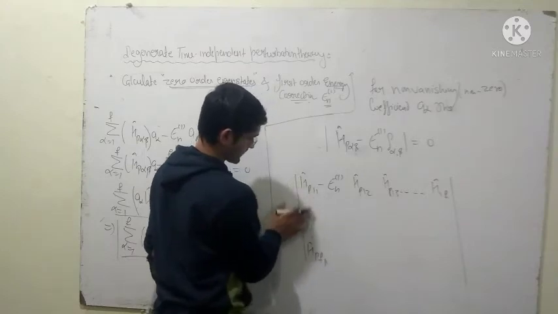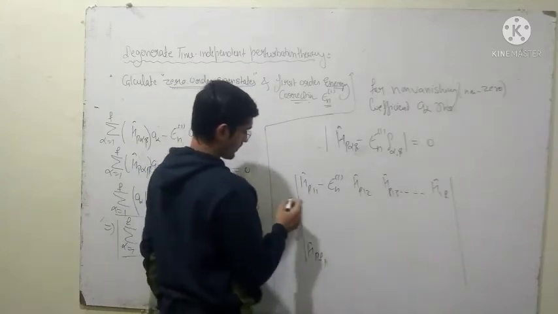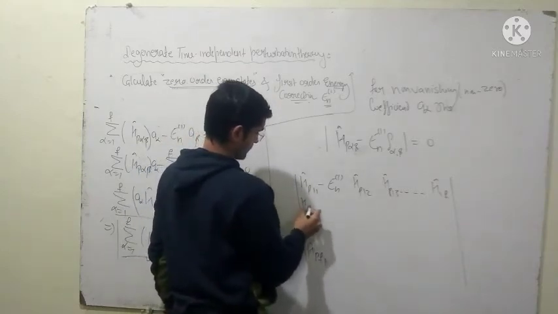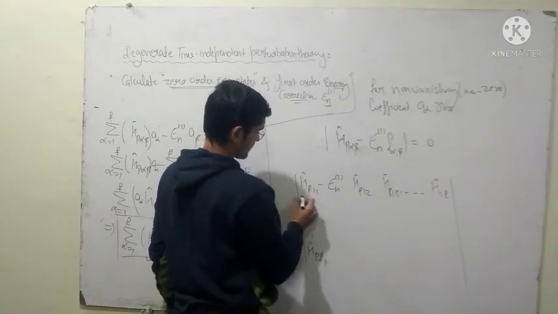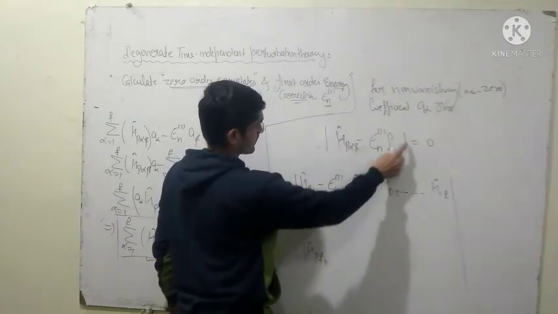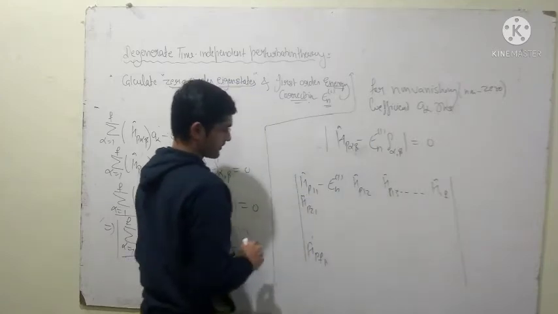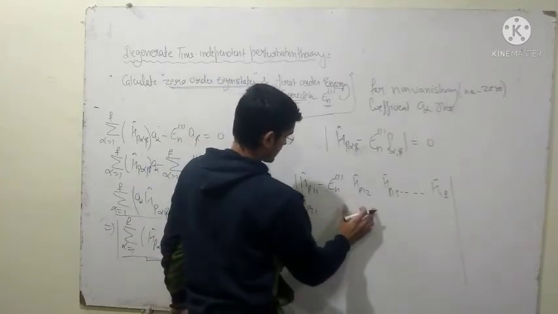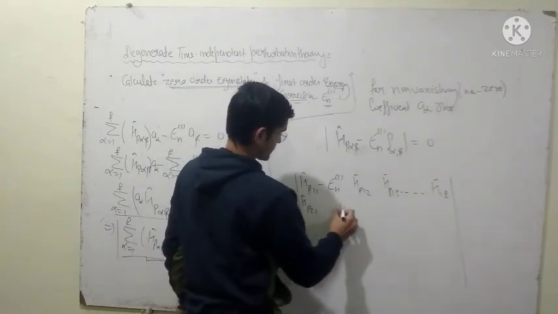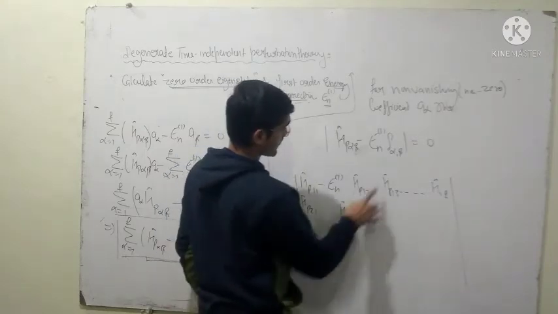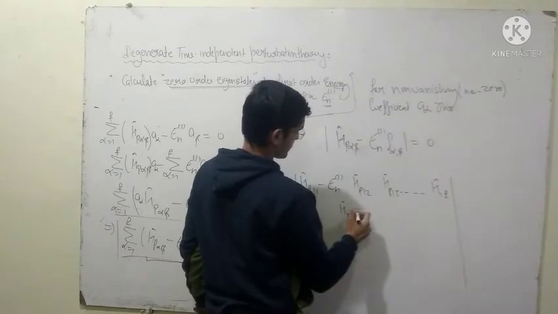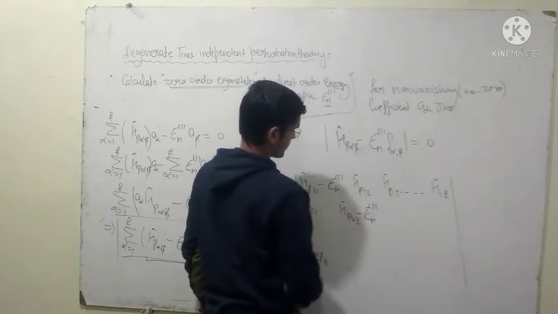So let me write the second row also. It will be HP21, and because it is 2 1, this term will be 0, and the second term will be 2 and 2, so it is HP22, and for this particular term these are the same, so it will be minus En1 again.